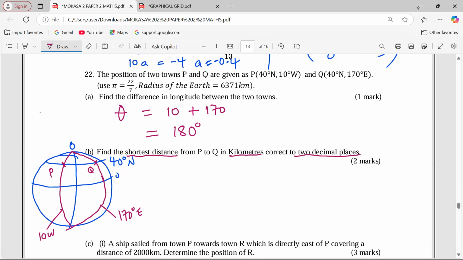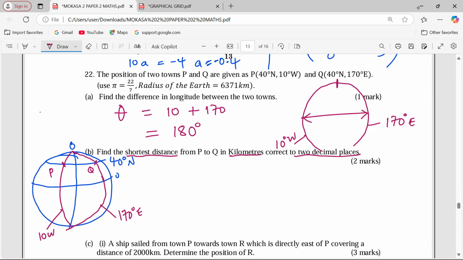Assuming that you are on the sphere, and these are the longitudes, we have the longitude 10 in the west, that is the North Pole. Then on the other side, there's longitude 170 in the east. This is the case whereby there's 180 here.